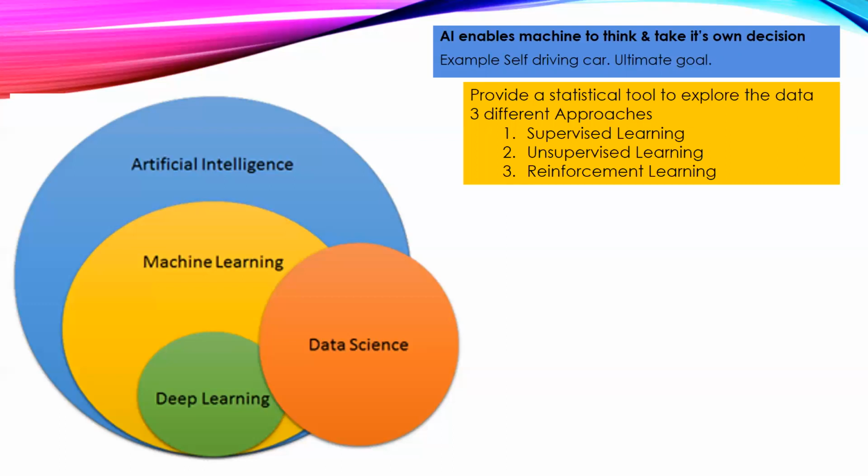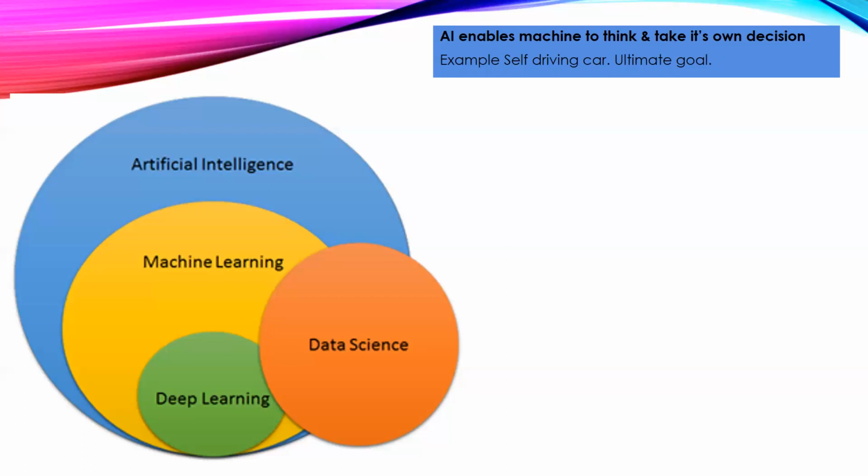Coming to machine learning, artificial intelligence is the main goal of your machine learning process. An example is a self-driving car, and there are a lot of other applications where the machine can take decisions by itself.